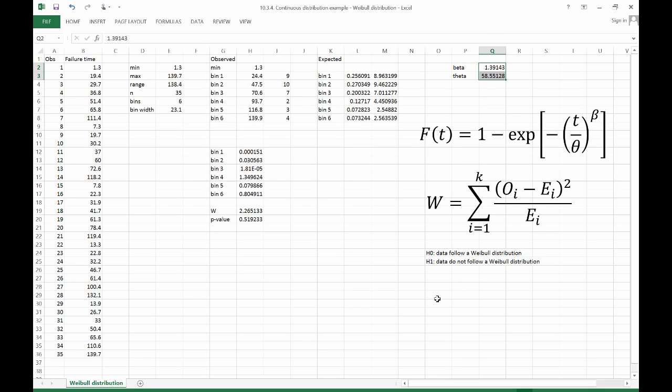Okay? There are ways to compare the results of different tests to determine which is a good fit and which is not, or which is the best fit, I should say. But let's not mess with that. Let's just say that let's not reject the null hypothesis and conclude that the data follow a Weibull distribution.